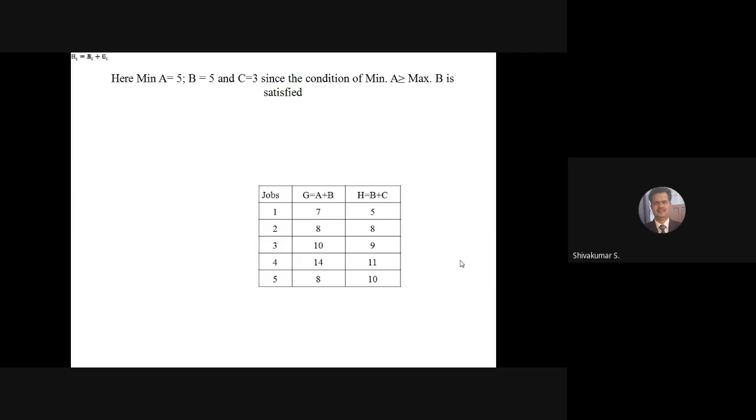You are just adding the processing times of A and B, and you call it G, and adding B plus C, and you say it's H. Now you have two machines, G and H.